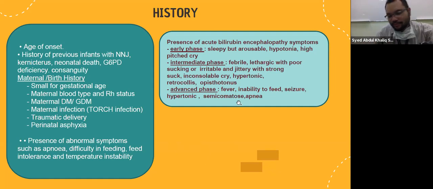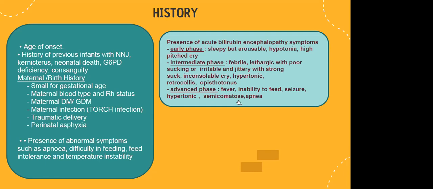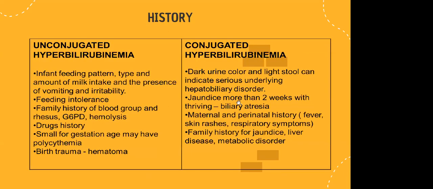Proceed. Another history we should ask about is the complication of the hyperbilirubinemia, such as if we suspect the patient has developed acute bilirubin encephalopathy symptoms in different phases of presentation, as you can see. Okay, next.